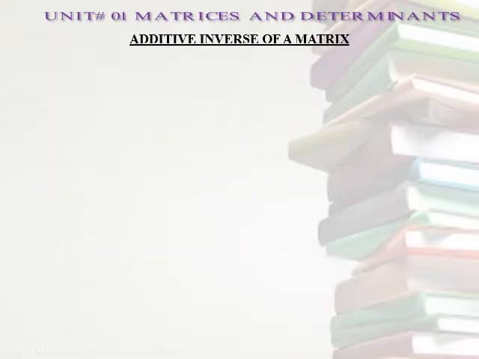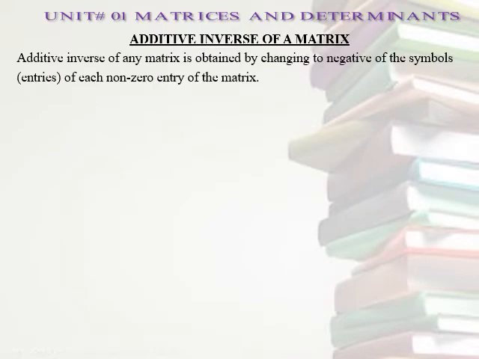Next topic is additive inverse of a matrix. Additive inverse of any matrix is obtained by changing the sign of each non-zero entry of the matrix to negative. For example, this is matrix A and I'll multiply the minus sign with each non-zero entry of the matrix A and I'll write it like this.